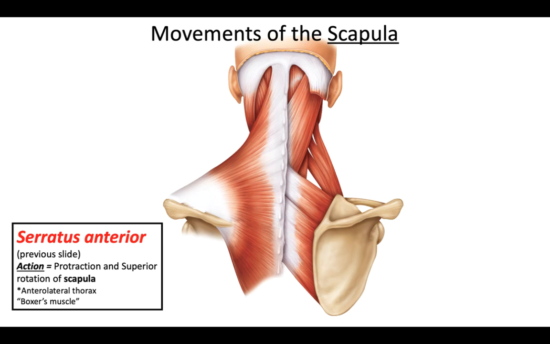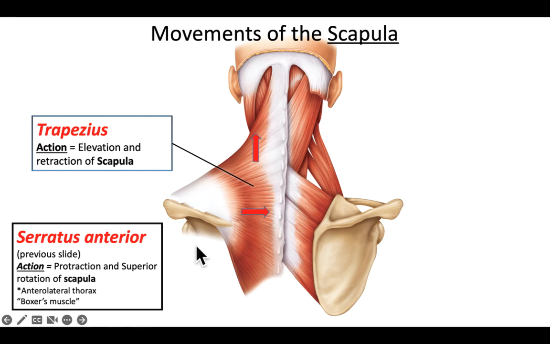Imagine, put up a picture of me and punch me, right? You're going to be protracting and rotating that scapula upward. Or if you've ever swam, right? If you're a swimmer, you're doing kind of the crawl stroke, you move that scapula up, it rotates, and then forward. And that's what this muscle does, all right? The boxer's muscle or serratus anterior.